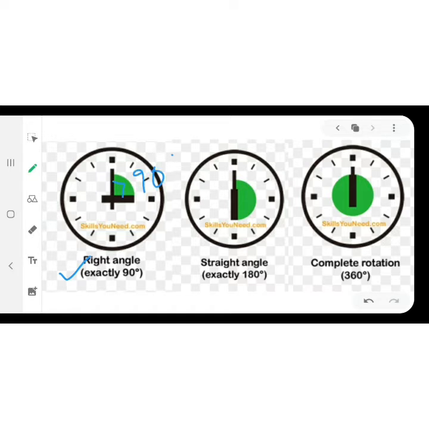Then exactly at 6, a straight angle, it is forming 180 degrees. And if it starts from 12 and reaches 12 again in the clockwise direction, it is forming a complete angle of 360 degrees. I hope this is clear to you all. Now let's start exercise 5.2.